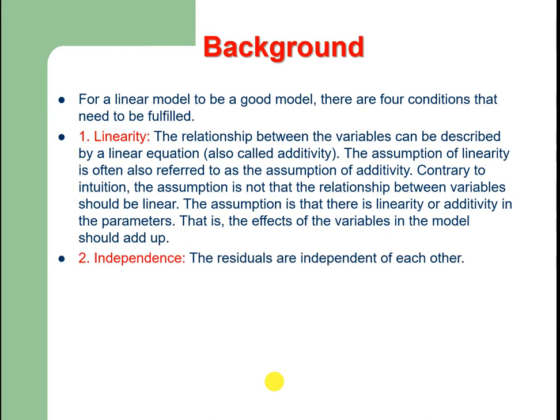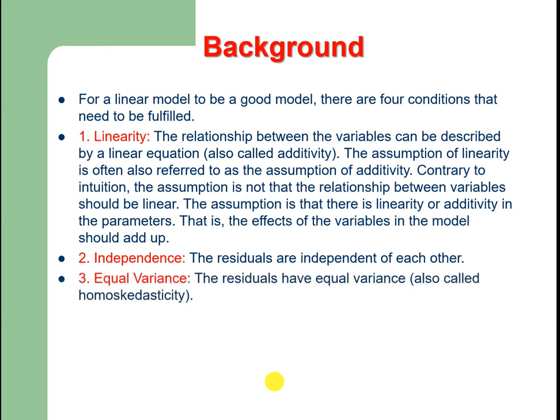The second precondition or assumption of the classical linear regression model is that the residuals are independent of each other. Another assumption is that of equal variance, and it means the residuals have equal variance.